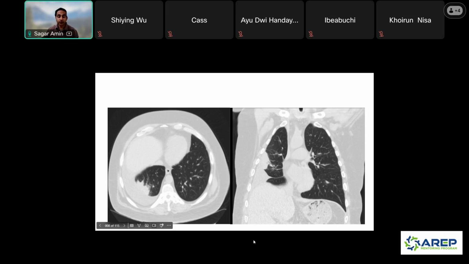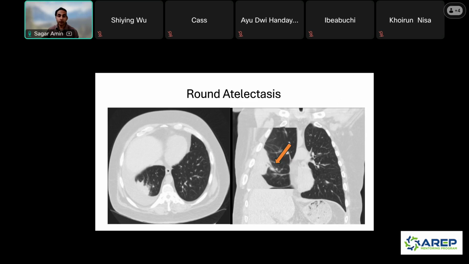So this is a good example of round atelectasis. How does this happen? Usually you'll have a pleural effusion, probably a chronic one with inflammation causing pleural thickening, and it attaches onto the lung parenchyma and wraps it and forms this round atelectasis.